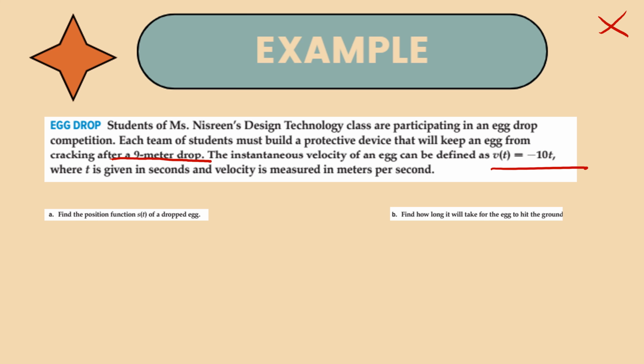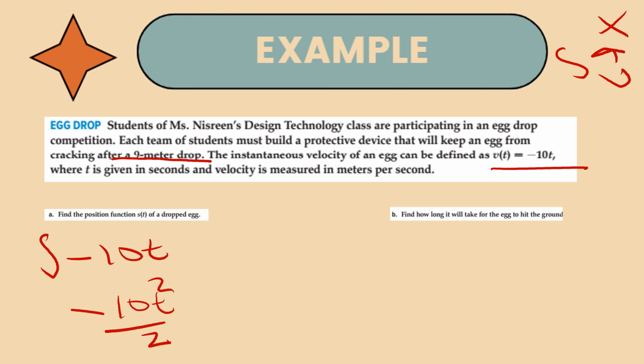From velocity to position, we need to integrate. So the integration of negative 10t would be negative 10t squared, and then we divide by 2, which gives us negative 5t squared plus c. Don't forget the c.